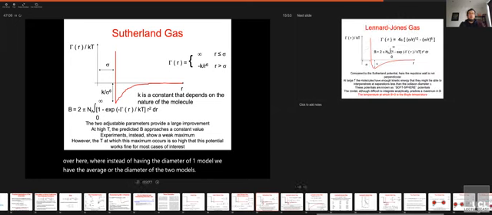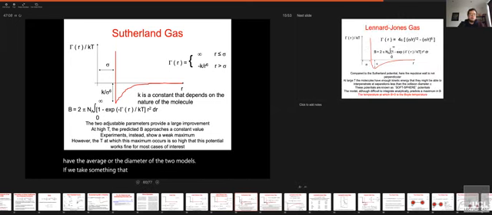If we take something a little bit more realistic, there is the Sutherland gas. The potential is infinity at distances less than the diameter of the particle, and it scales with one over the distance to the 6th power, with a proportionality constant in front, for larger distances.